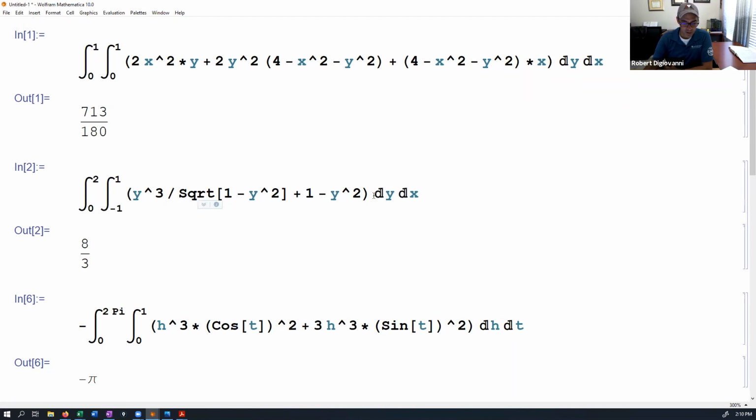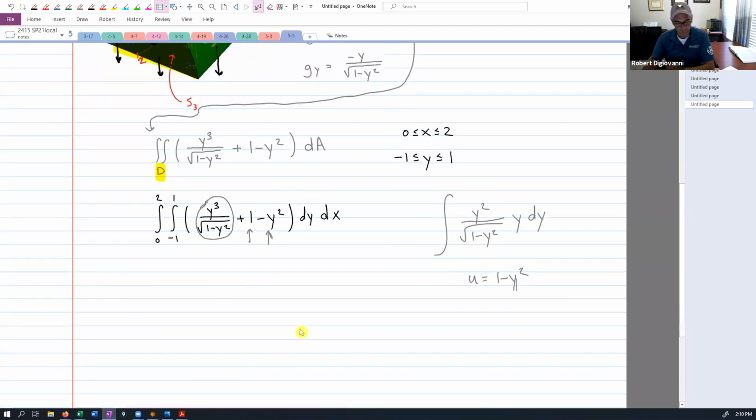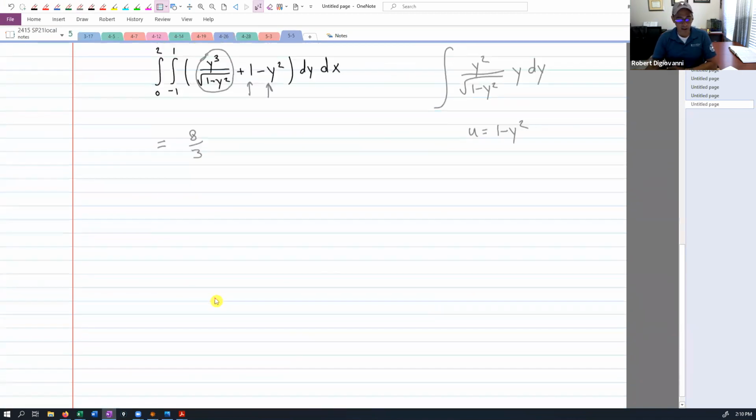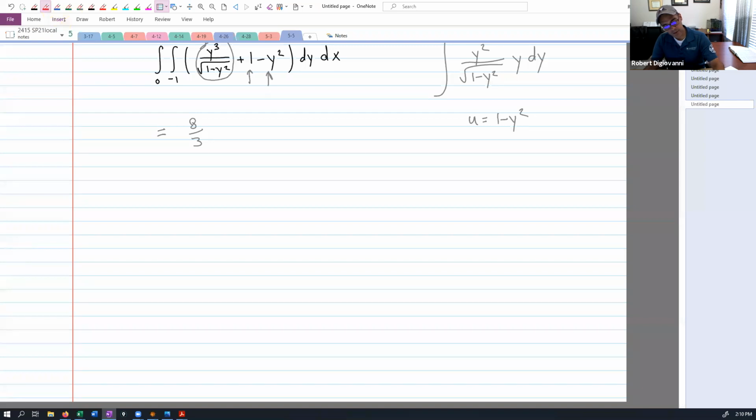If you do this integral, you get 8/3. So this equals 8/3. And so the final answer is that the flux over the entire surface of this field dot dS is equal to 2 pi plus 8/3.